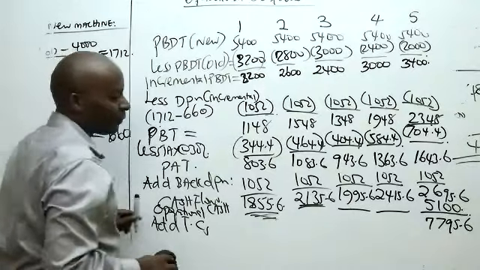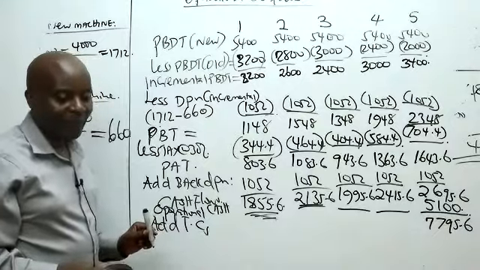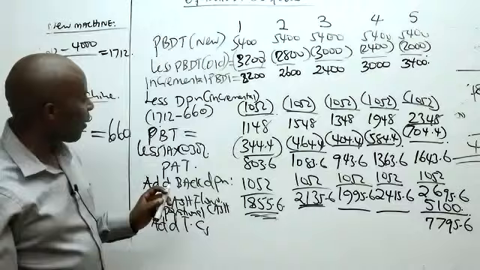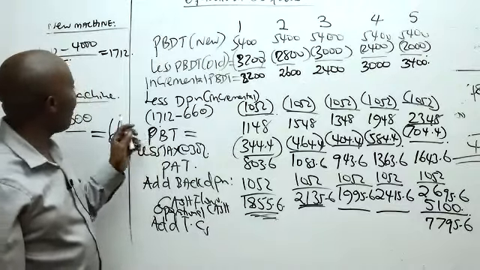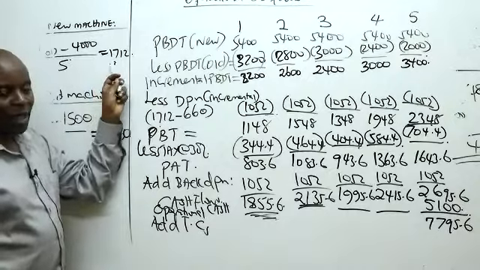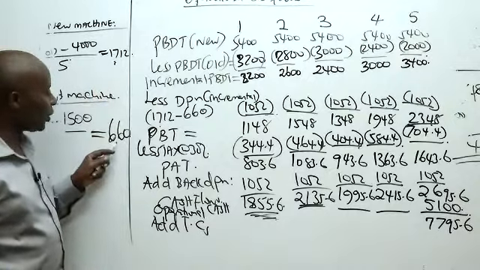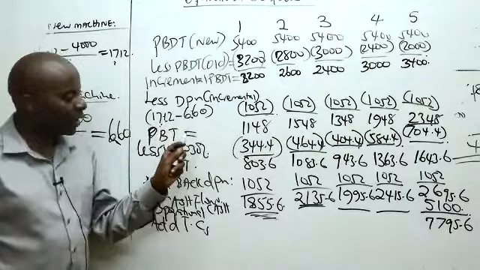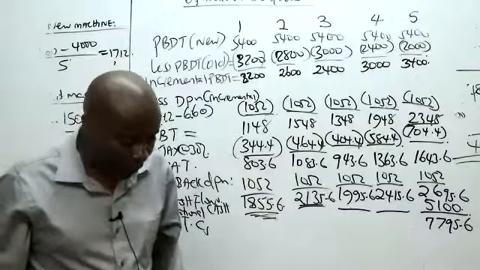How we got 1052? Yes. Remember we calculated the depreciation of the new machine, 1712. And then we have depreciation of the old machine, 660. The difference between the two is what gives us 1052.